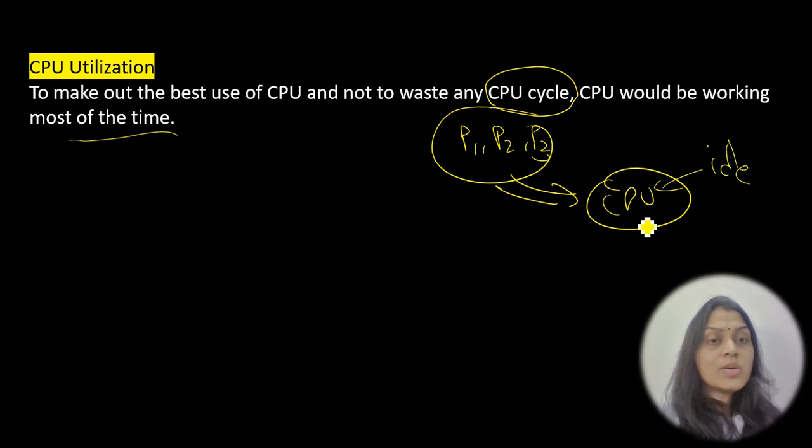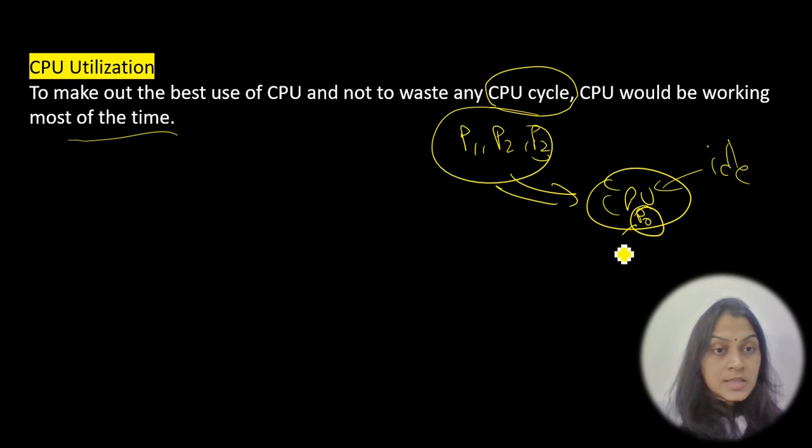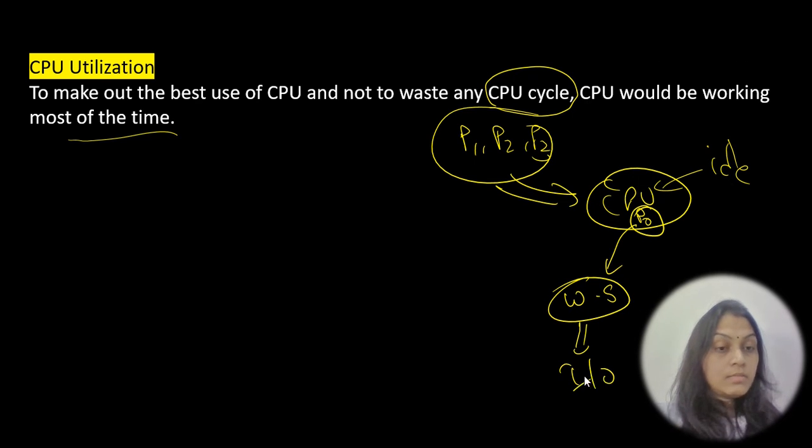Why is it in an idle state? Because some other process, P0, is already in the CPU, but it sends this process to the waiting state. Why is it sent to the waiting state? Because some IO request has to be performed. Until the CPU completes P0, it is not able to take another process.